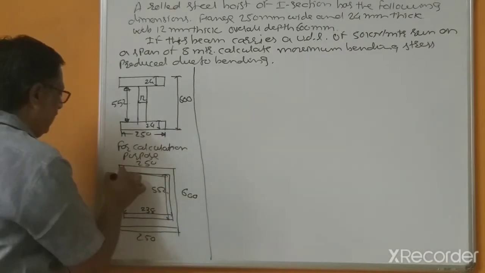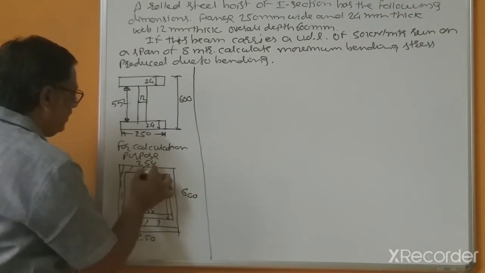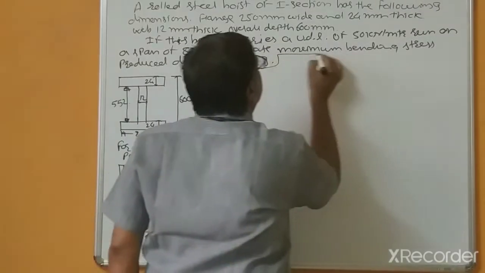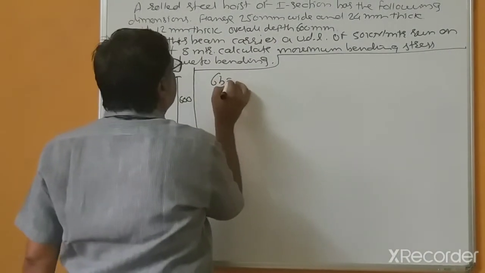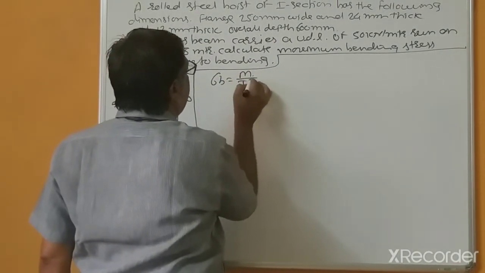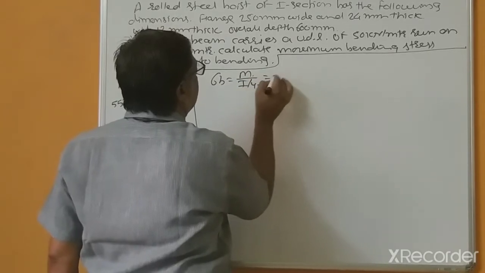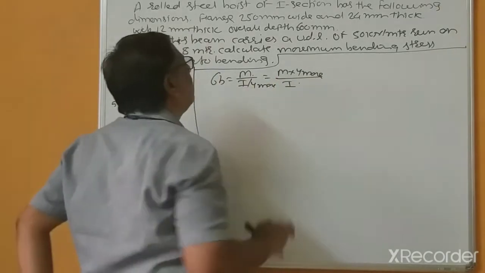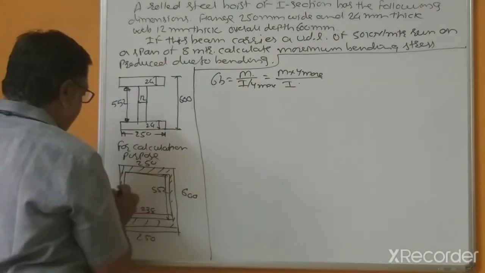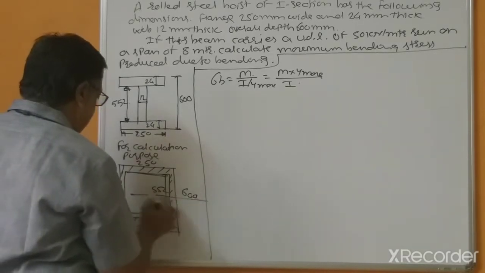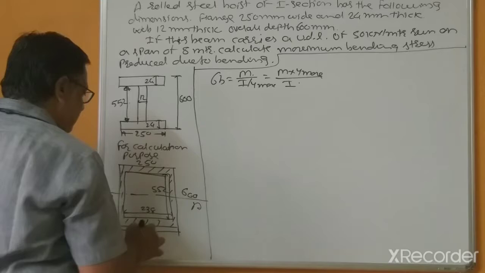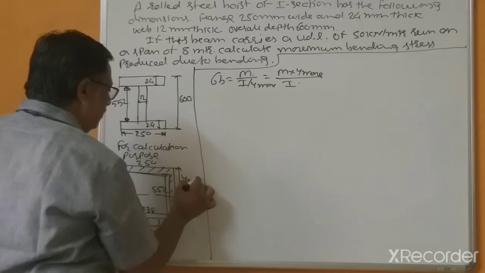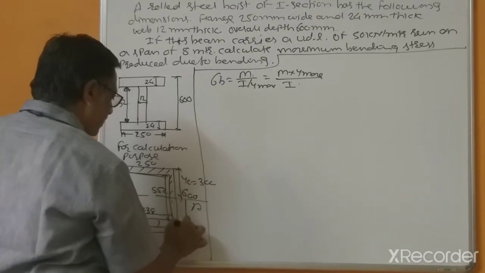Because we require moment of inertia, bending stress, etc. We require sigma b equal to M divided by I into y max, or M into y max divided by I. This is symmetrical about the x axis, so y max equal to yc equal to 300, because this is symmetrical.